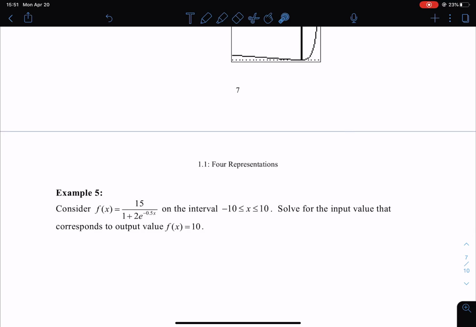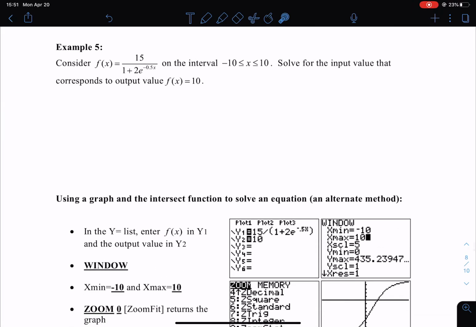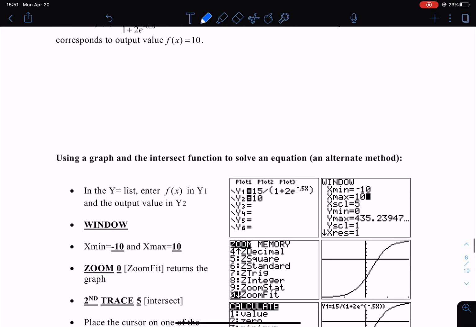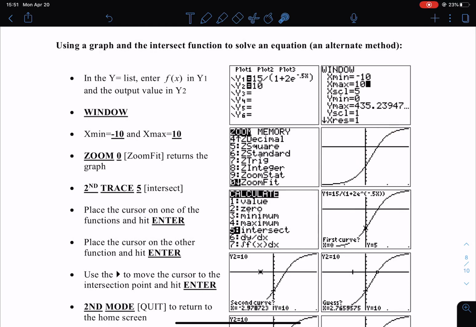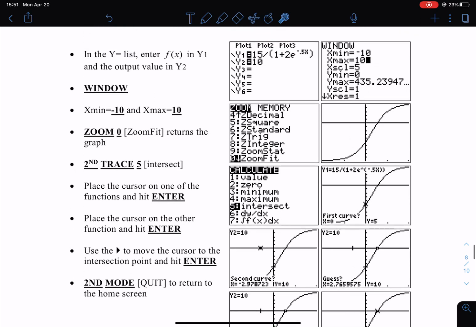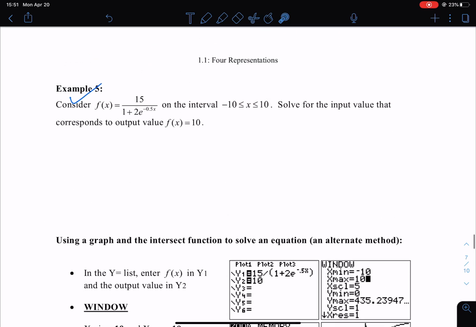Then, next page, example 5. So try to finish example 5. And this part shows you the second method, that is to track the intersection. You can just follow these instructions and try to finish example 5.